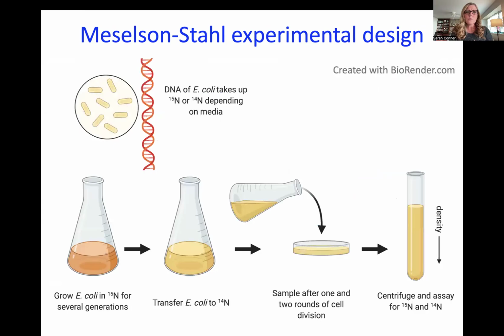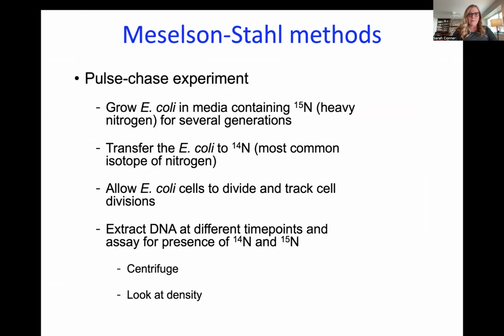And so they used the DNA of E. coli. They grew some E. coli for several generations, and then they transferred the E. coli to N15, which is a very heavy nitrogen. And then they used the sample after 1 or 2 rounds of cell division, and then they figured out how it actually was being replicated.